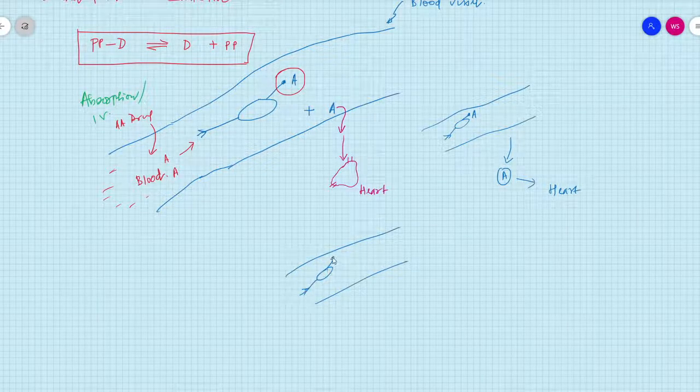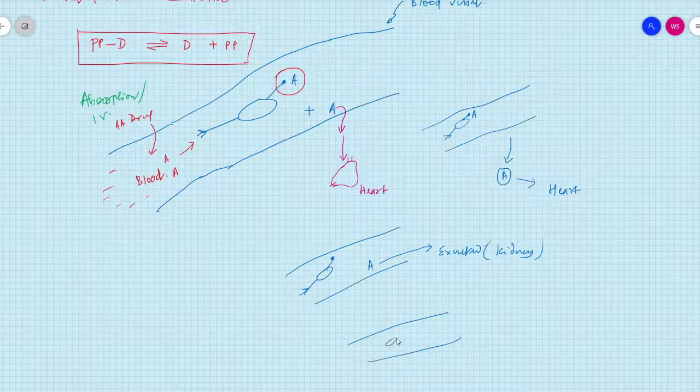The bound drug leaves the plasma protein and becomes the free drug, and that free drug is now available for action. And suppose this free drug is excreted, maybe through the kidney, because blood goes into the kidney and gets filtered. Finally you've got only the plasma protein, with no drug in the blood.